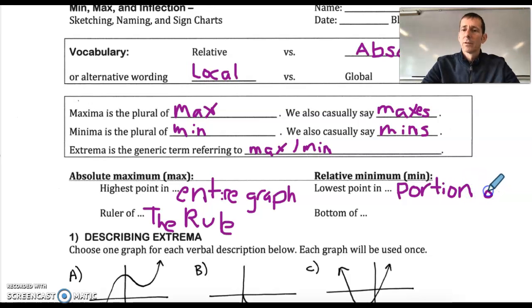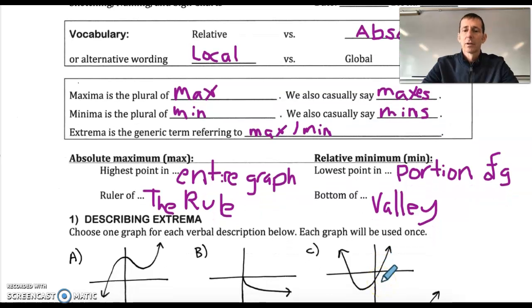I'm going to abbreviate a portion of the graph as a portion of G, and it is the bottom of a valley. If I look quickly at the graph below, which looks like a parabola, this is a min. In this case it's an absolute min because it is the lowest point in the entire graph, but it could also be considered a relative min if I just looked in this region.